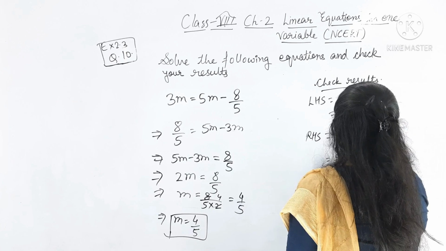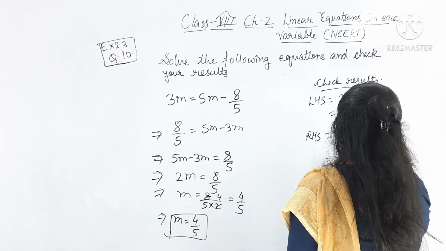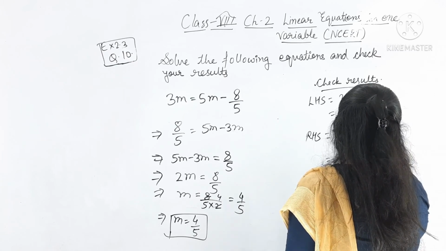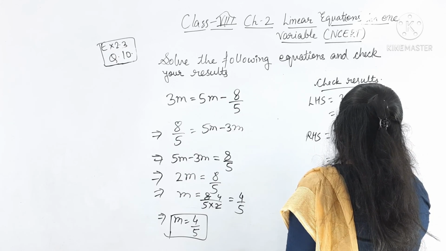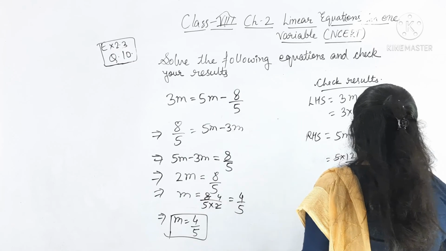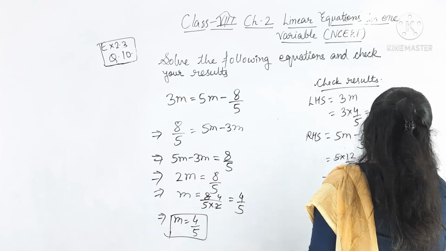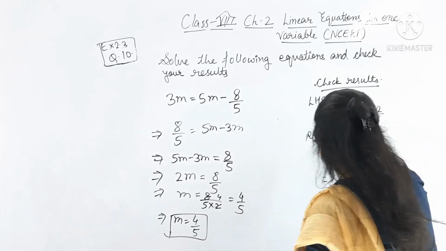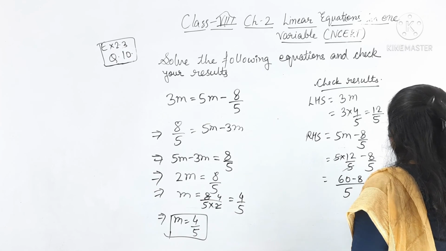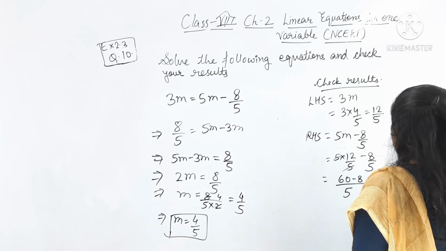So 5 into 12 by 5 minus 8 by 5. 5 cancels here. 60 minus 8. So 10 minus 8 is 2.